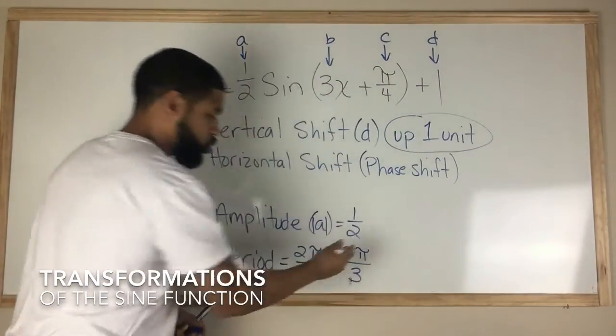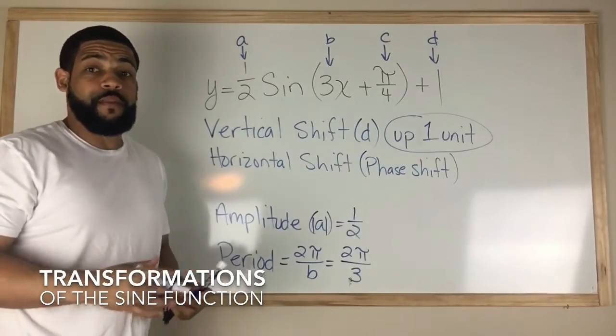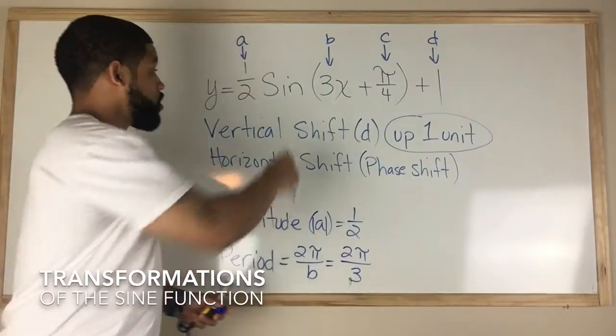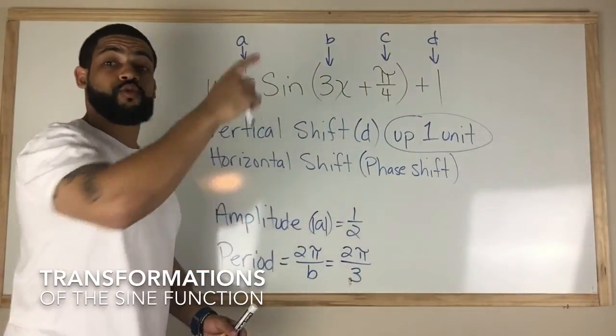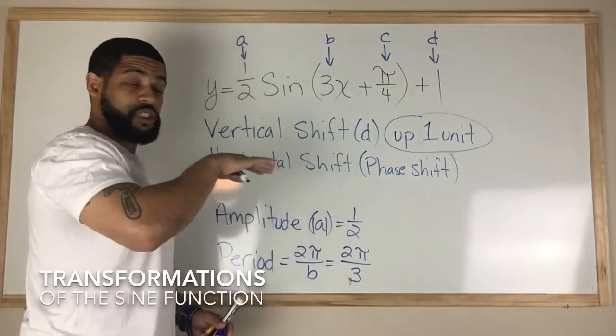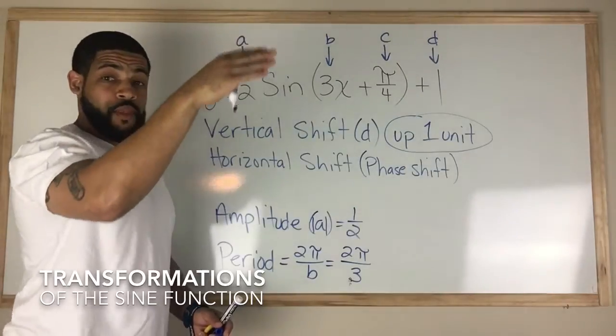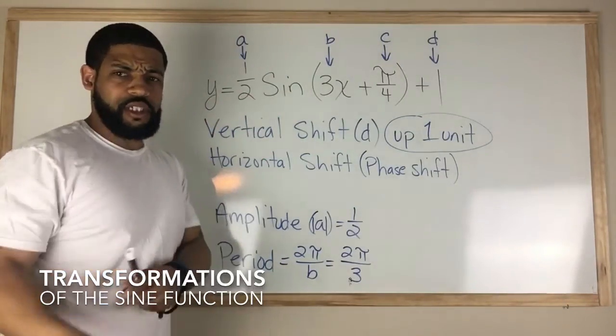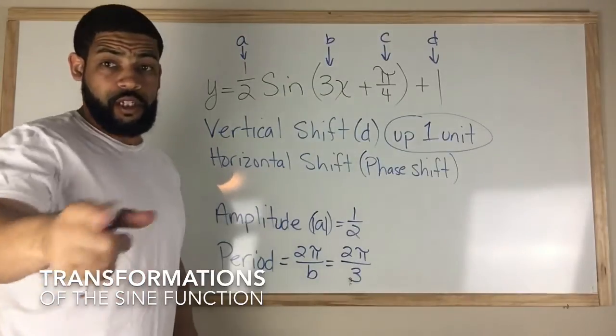So 2 pi over 3 is the period. That means it's going to take 2 pi over 3 units for this particular sine function to go through a full wavelength. So it goes from the center to the maximum, back to the center, down to the minimum, and back up to the center. You'll see in the graph, we're going to show the graph of it in another video.